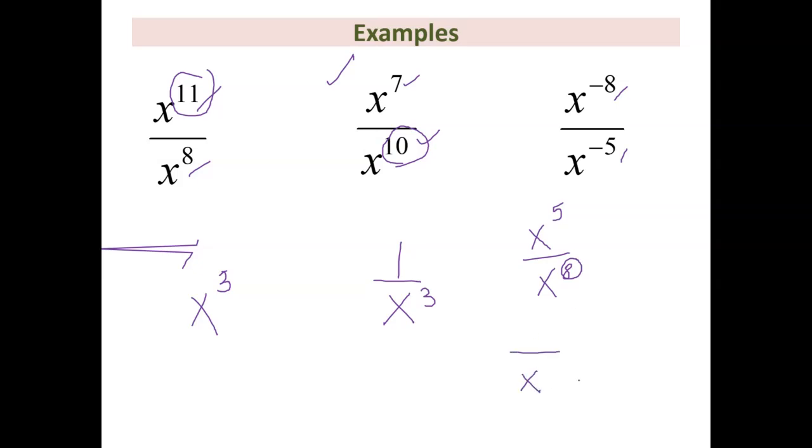Therefore, I'm going to keep my x in the bottom. And then nothing is left except 1 on the top. In this case, now I can subtract 8 minus 5, and that will be 3. So the answer will be 1 over x to the 3. So I hope you understand. Otherwise, you can go over the previous slide where I explained how to use the quotient rule. Let's do 2 more examples.